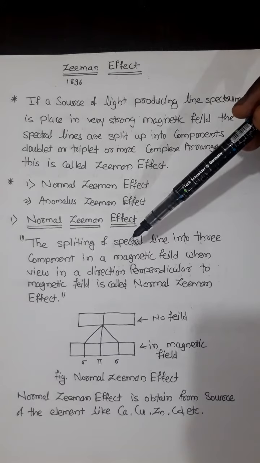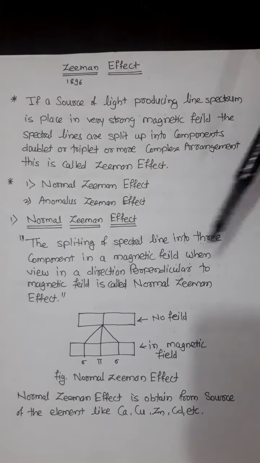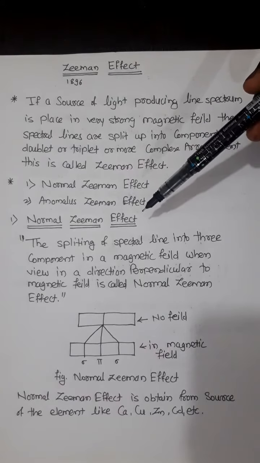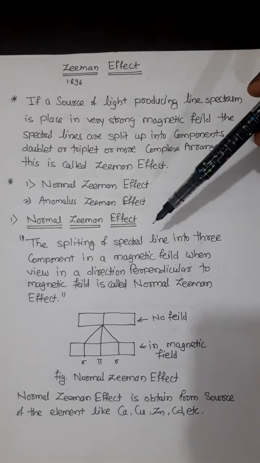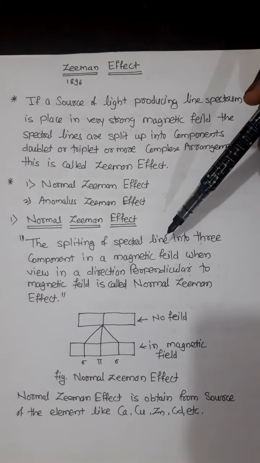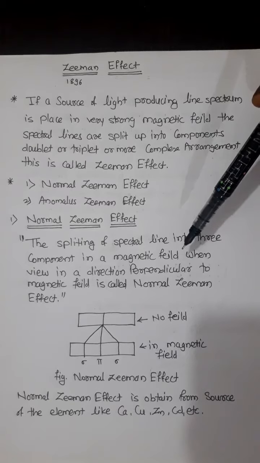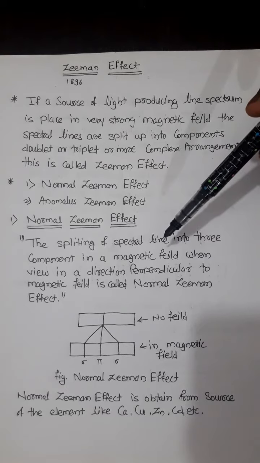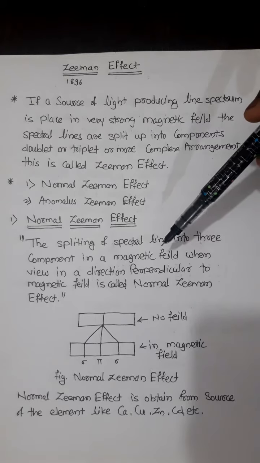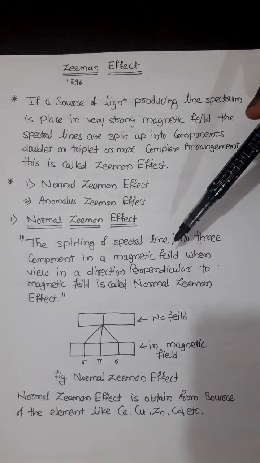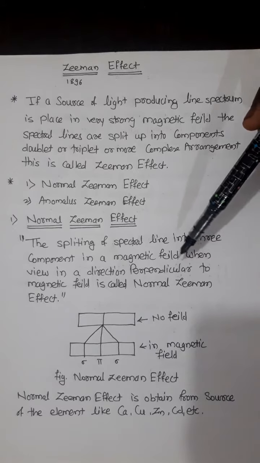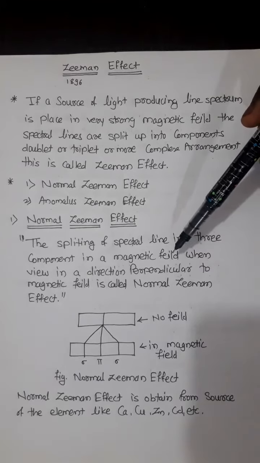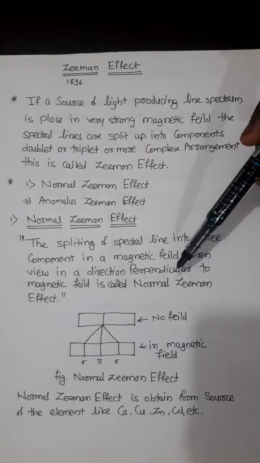Suppose one spectral line is split into 3 components in a magnetic field. The view of that direction of the spectral lines is perpendicular to the magnetic field.